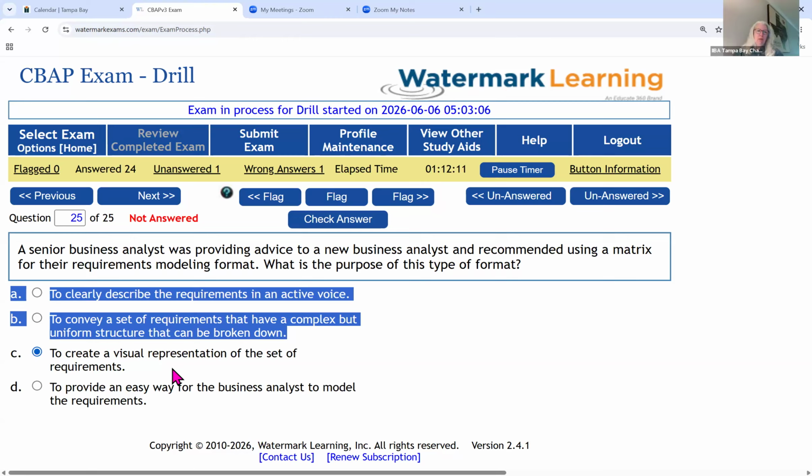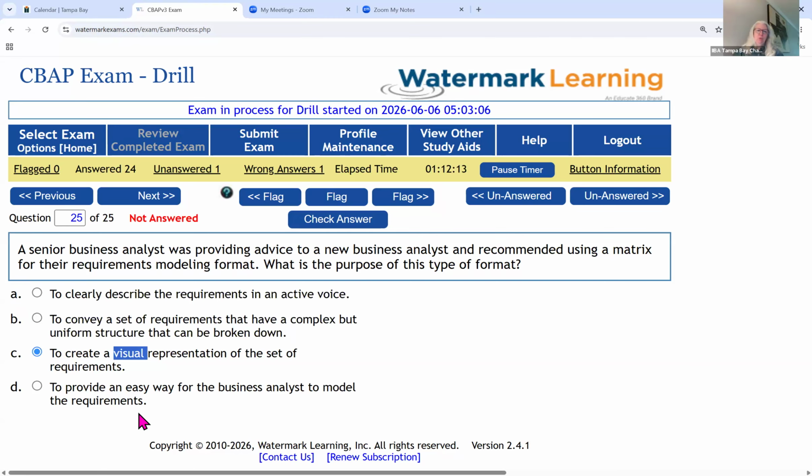Okay. This word visual bothers me for matrix. Typically, I think of a visual representation as a picture, not rows and columns. But we can test it.